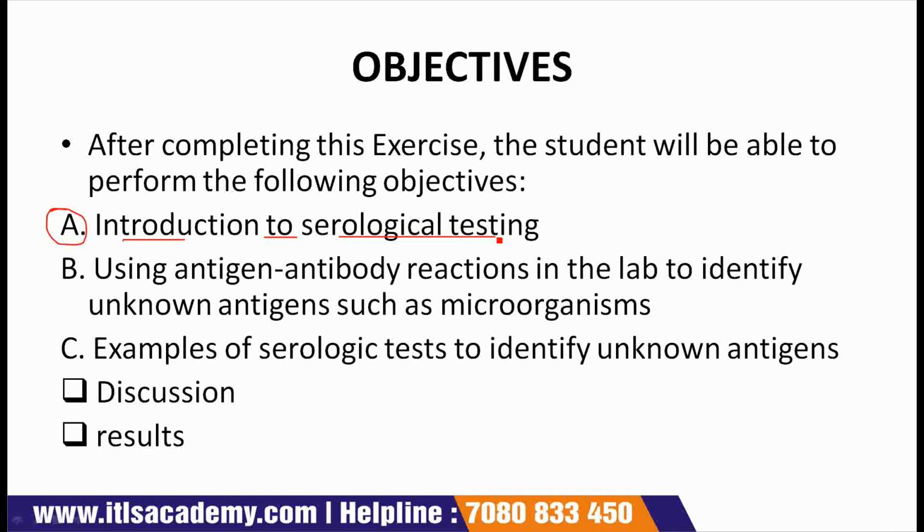In this particular objective, we will define serology, antigen and state what may act as an antigen. We will also define antibody and state where they are primarily found in the body. And next step we will define direct serologic testing and indirect serologic testing.